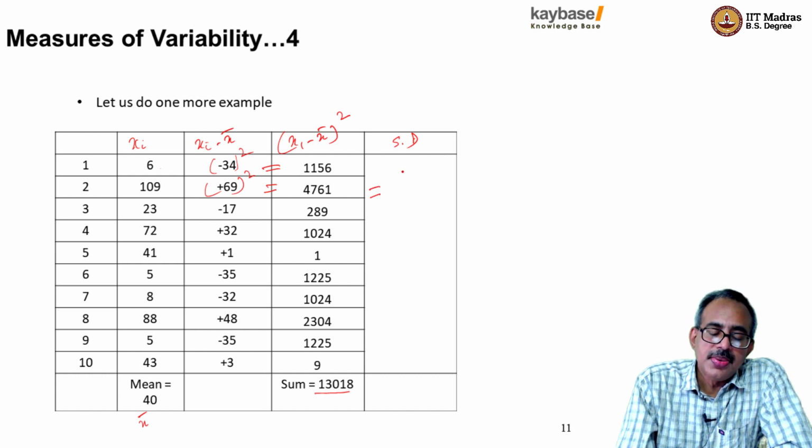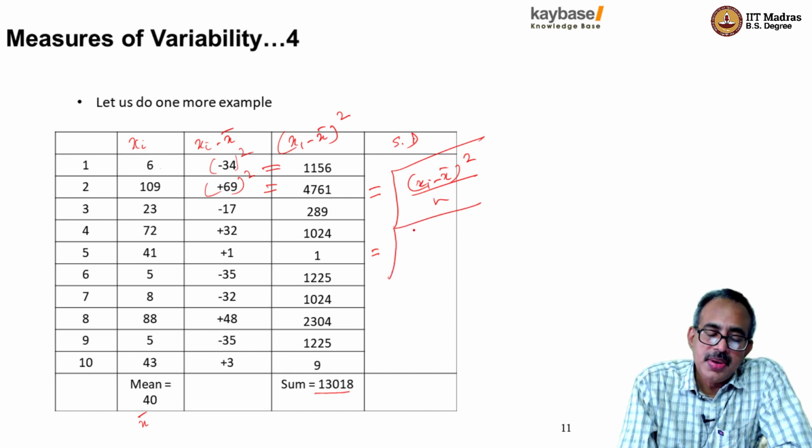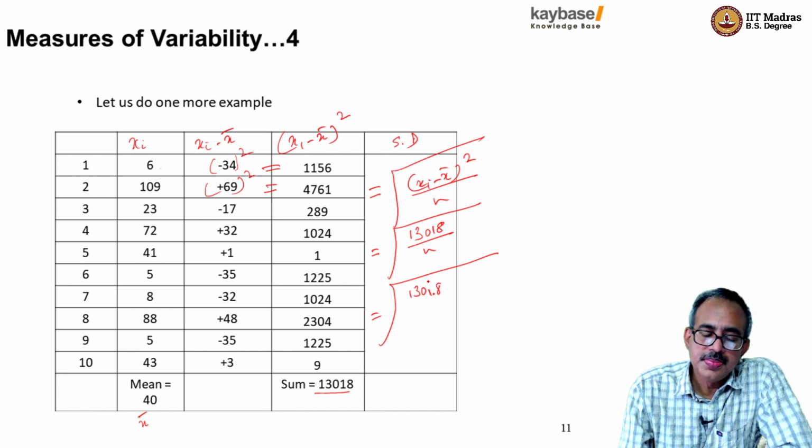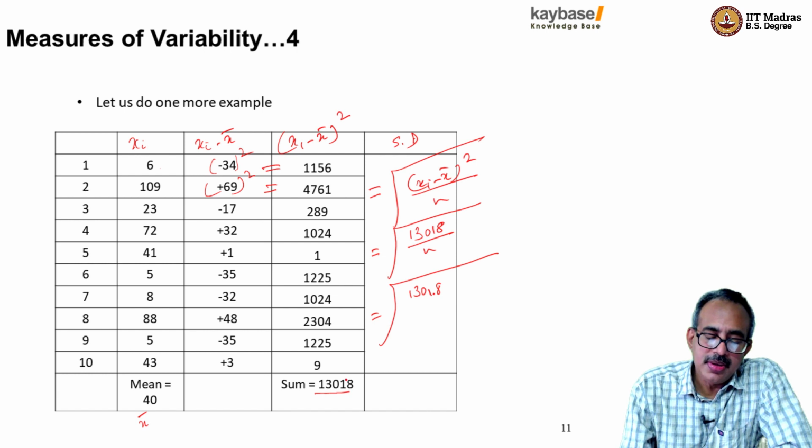It is equal to the square root of the sum of (xi minus x bar) the whole square divided by n. That is equal to the square root of 13018 divided by n, which is the square root of 1301.8. Right? Because divided by 10, sorry.